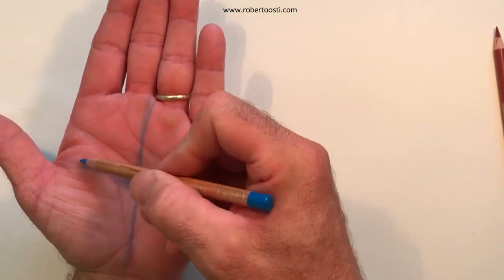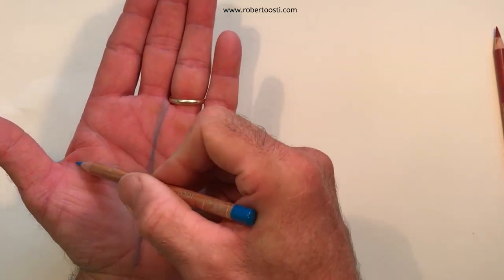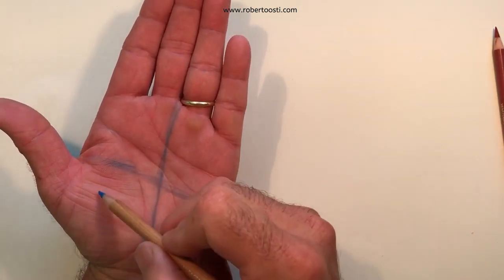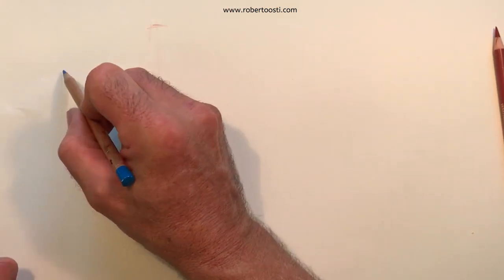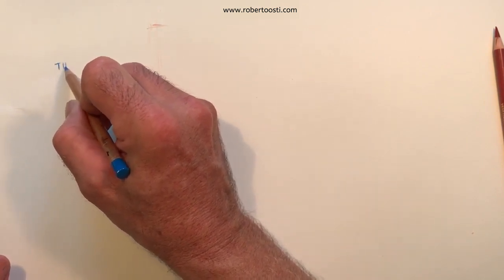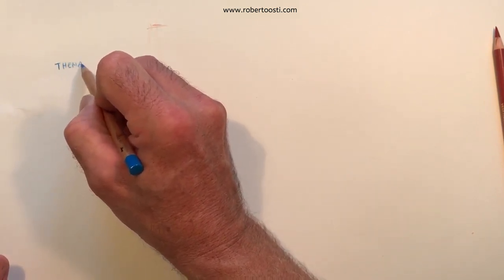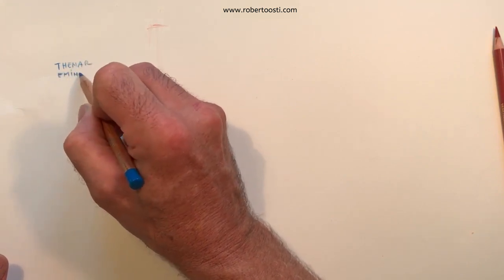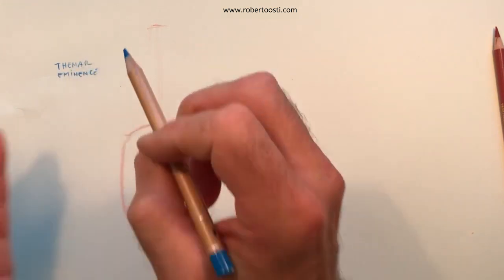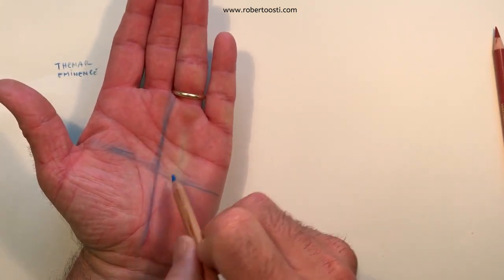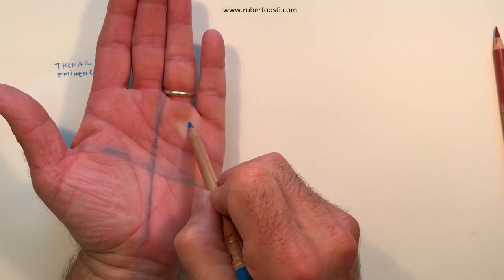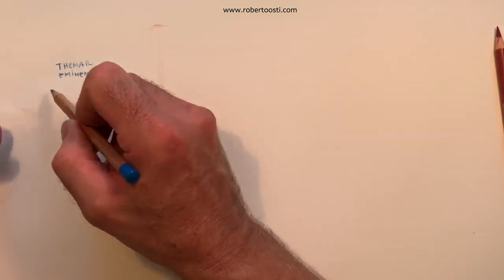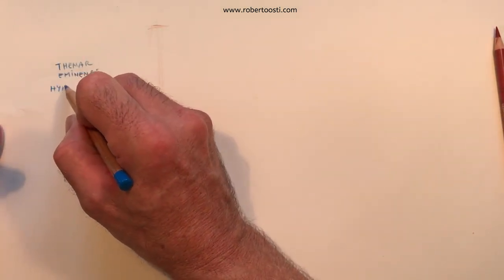Anyway, so this lower and lateral quadrant is occupied by the Thenar eminence, right? Thenar eminence. And these other two quadrants in here, I have this more elongated eminence like this, which is called the Hypothenar eminence.